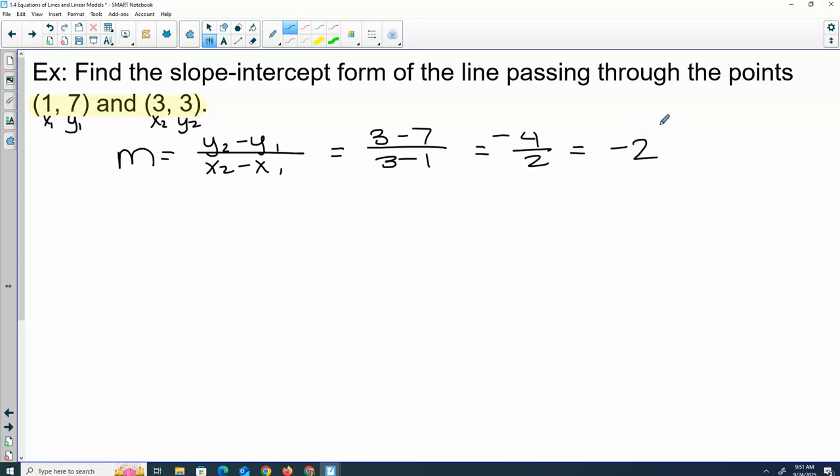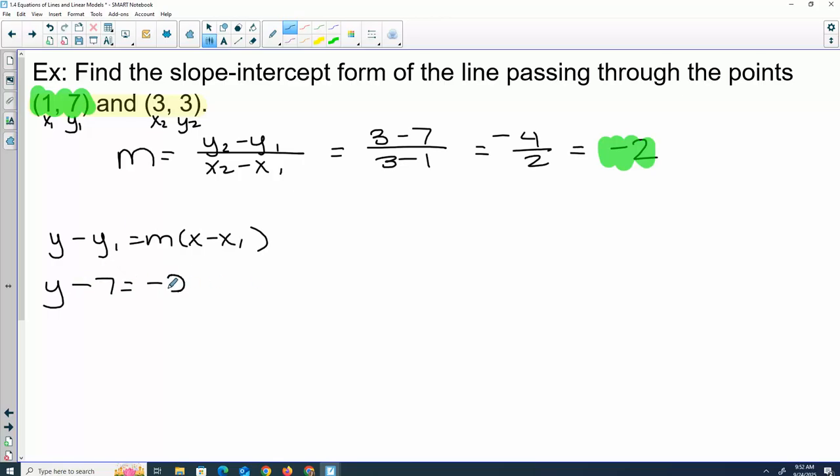So I get a slope of negative 2. All right, at that point, you need to take one of your 2 points, doesn't matter which one, so I'll choose this one, and our slope. If you like the point slope formula, you can just plug into there. So y1, the y value of that point, was 7.